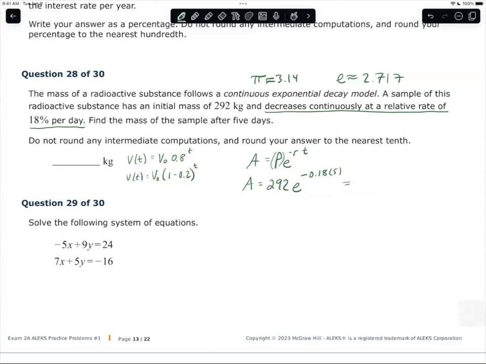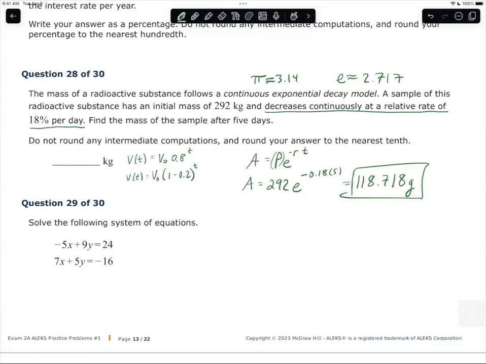Make sure you're comfortable using the calculator that you have. I haven't used this in a while, but then we get 118.718 grams. Okay, all right, so I'm assuming you saw something similar to this when you were working on your Alex homework.